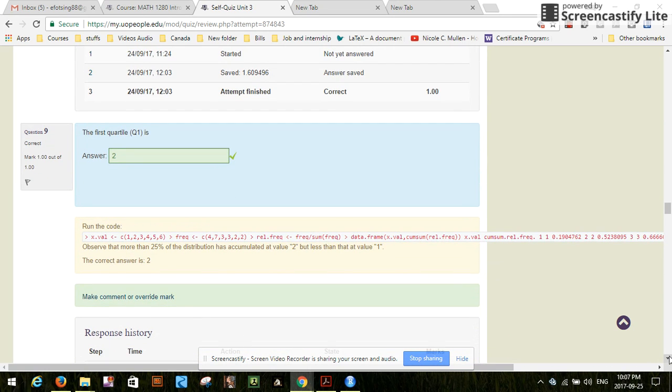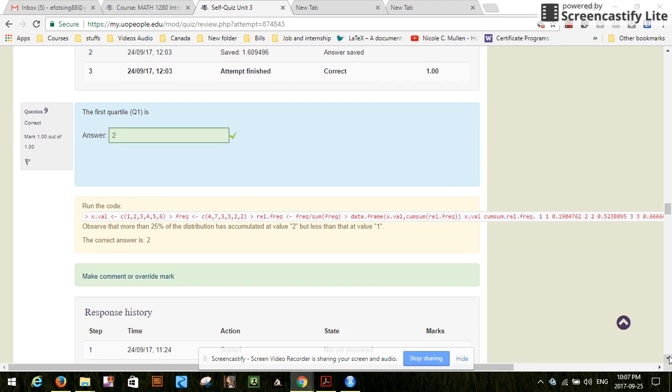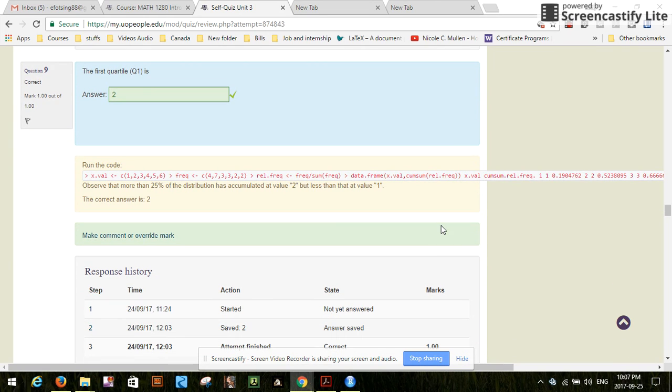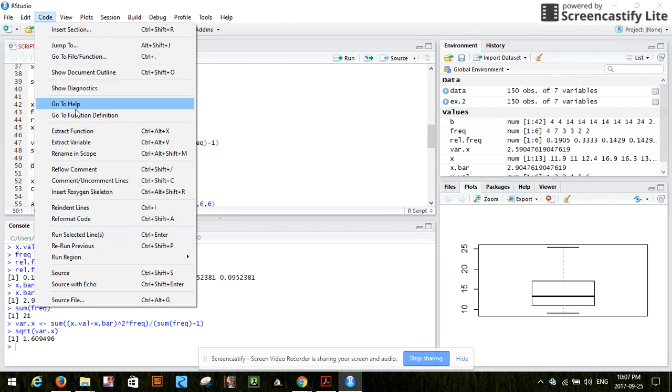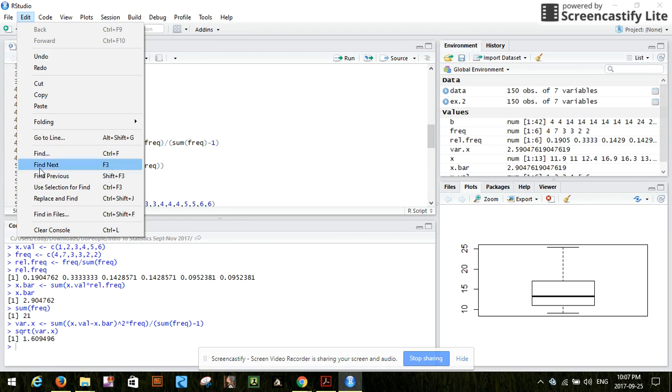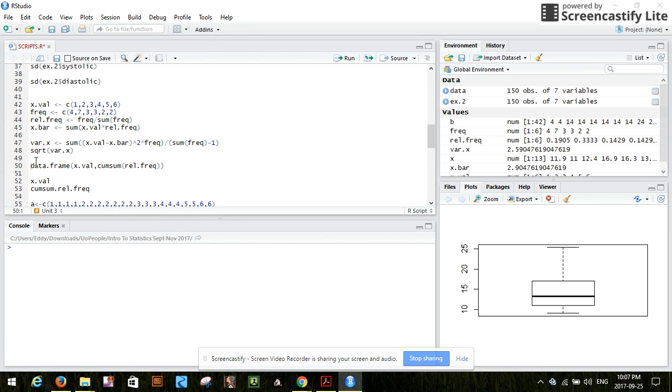So what is the first quartile? Again, let's look at the code here. In the solution, you create a data frame of x value and the cumulative sum. Remember, this is the cumulative sum. You add the frequencies cumulatively until we get to the max of 1.